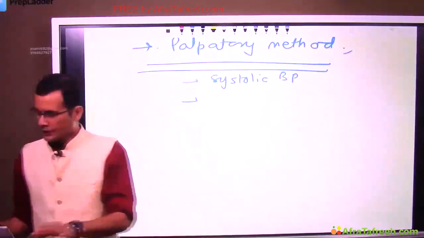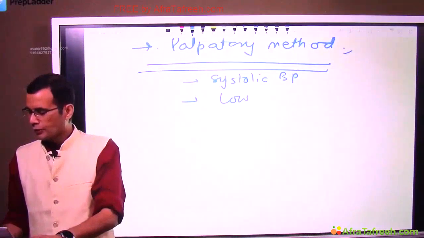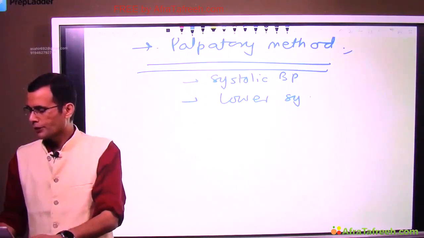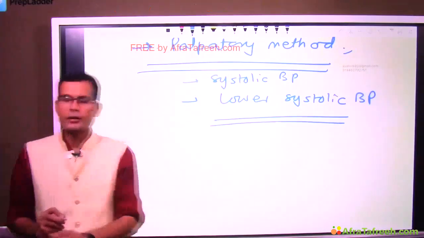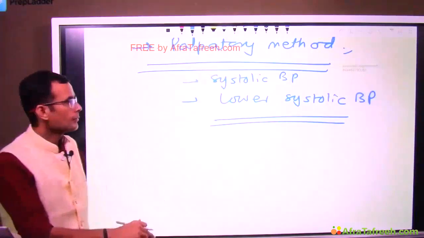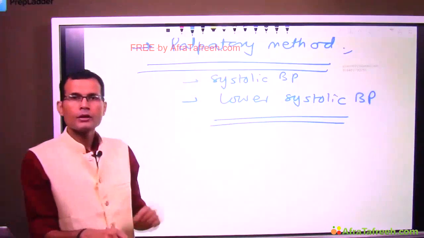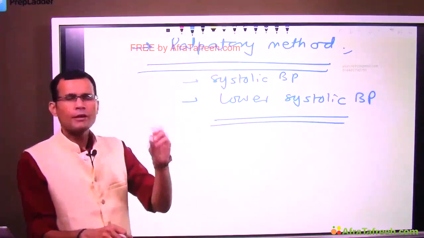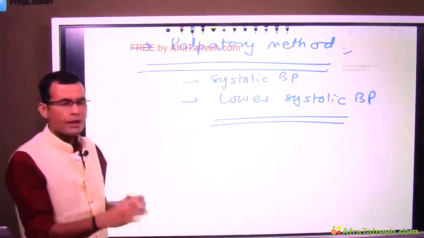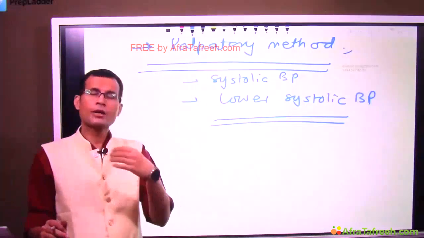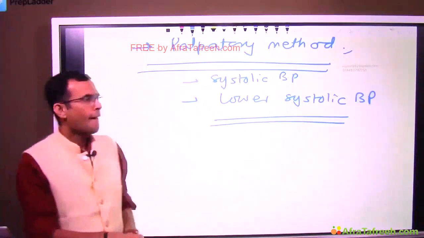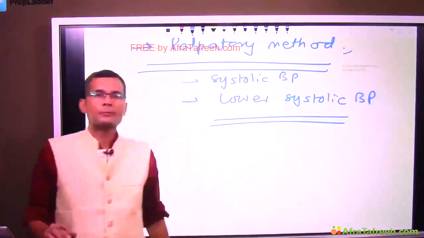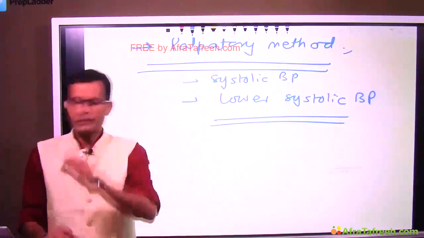In the palpatory method, we will get a lower systolic pressure than the actual one. Yes, the difference will be slight, but nevertheless, it's a theoretical or hypothetical difference, one may say, but it's there definitely. Slightly lower systolic blood pressure. Why?